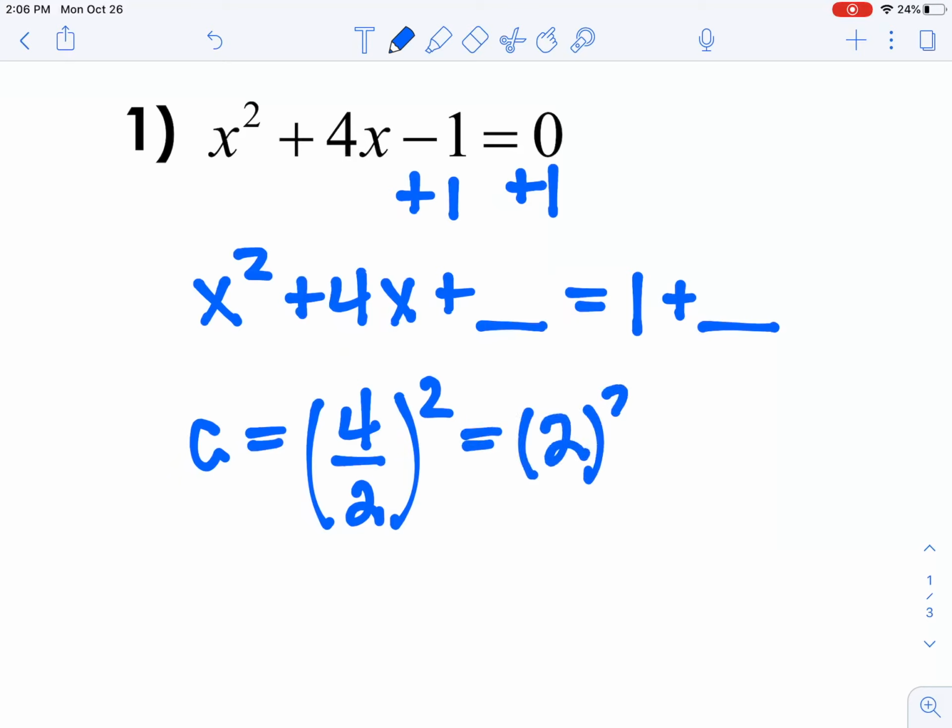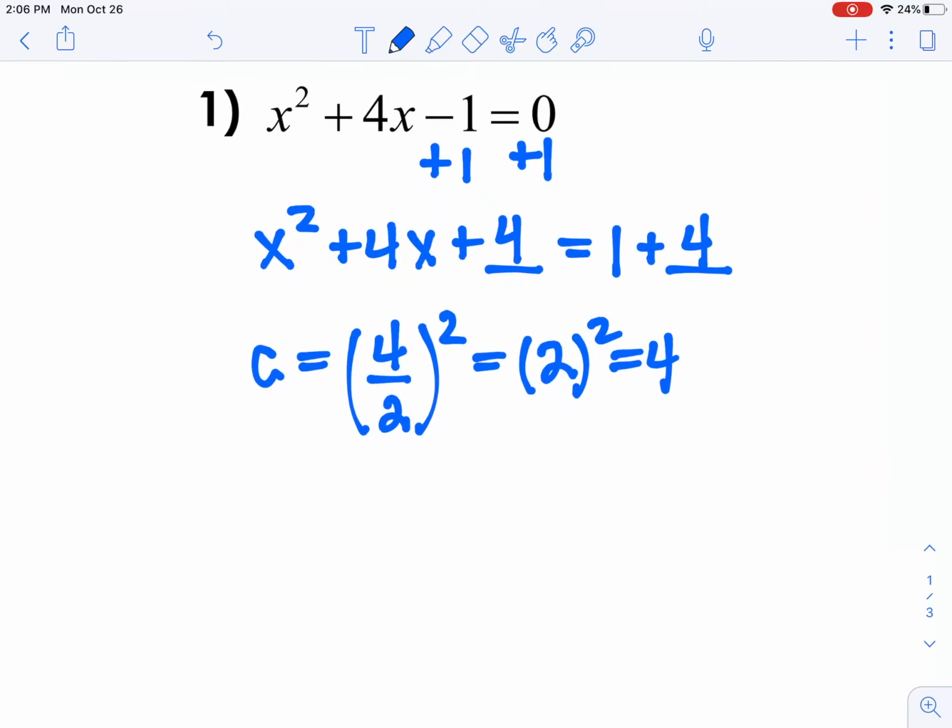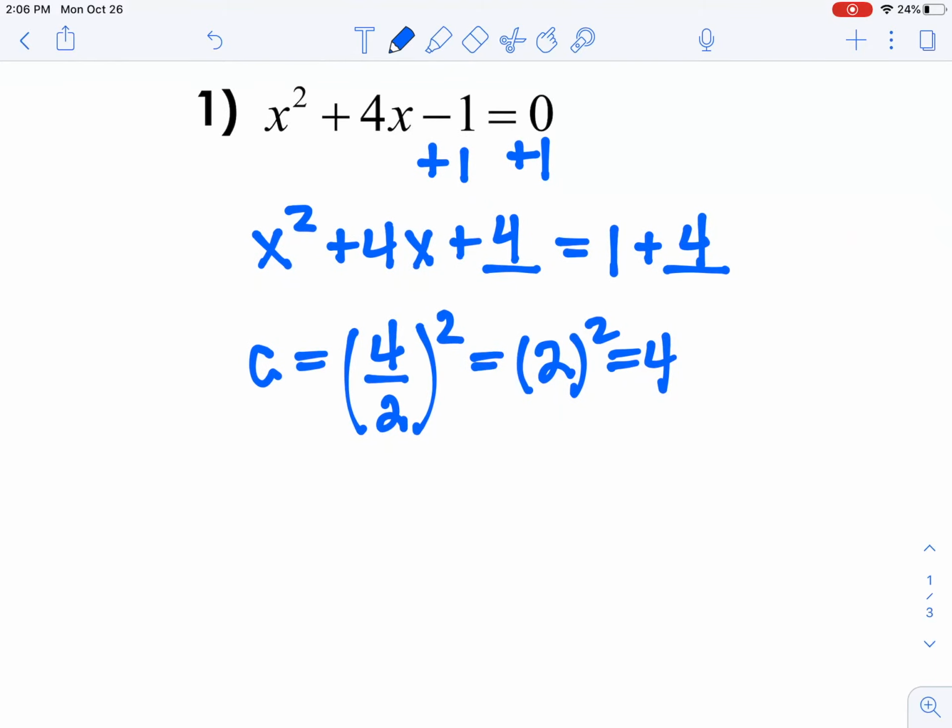That'll be 2 squared, which is 4. So now I put that into my blanks, 4 and 4. Now I have what can be written as a perfect square trinomial. If I factor this left-hand side, I know the right side is equal to 5, but I can write the left as x times x to get x squared, 2 and 2 to get 4.